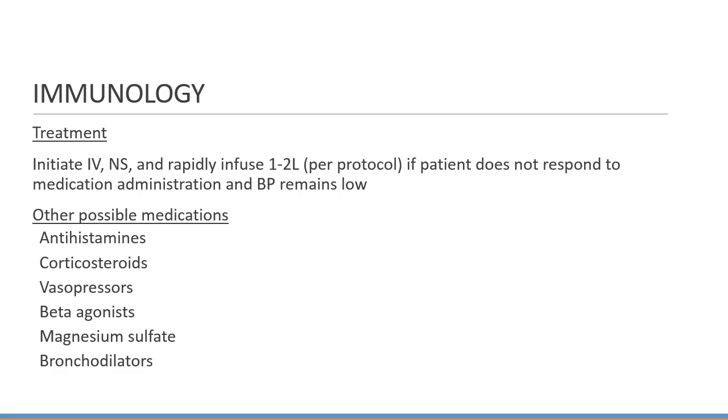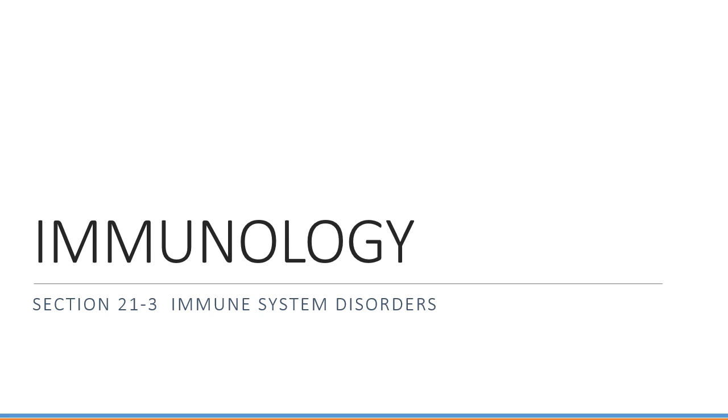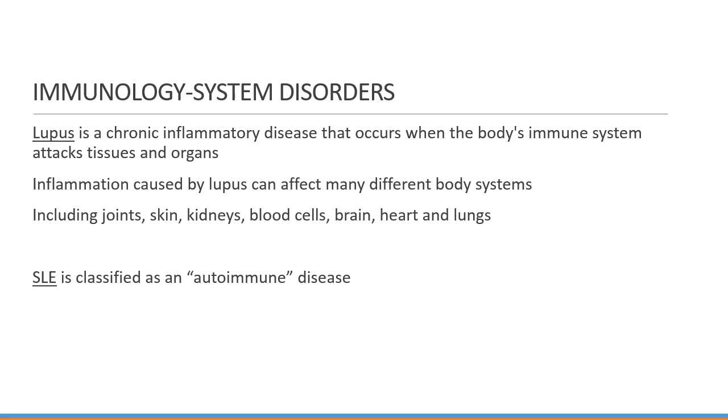Initiate an IV of normal saline, rapidly infused 1 to 2 liters per protocol, if they don't respond to medication and their blood pressure stays low. And other possible medications could be antihistamines, corticosteroids, vasopressors, beta agonists, mag sulfate, and bronchodilators.